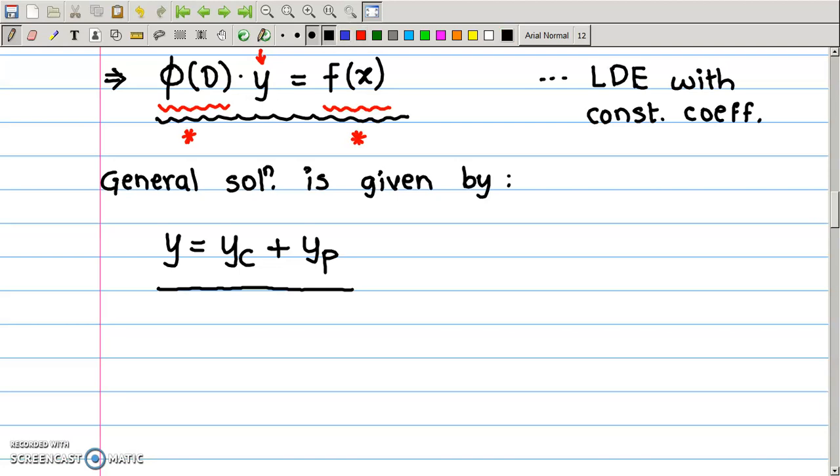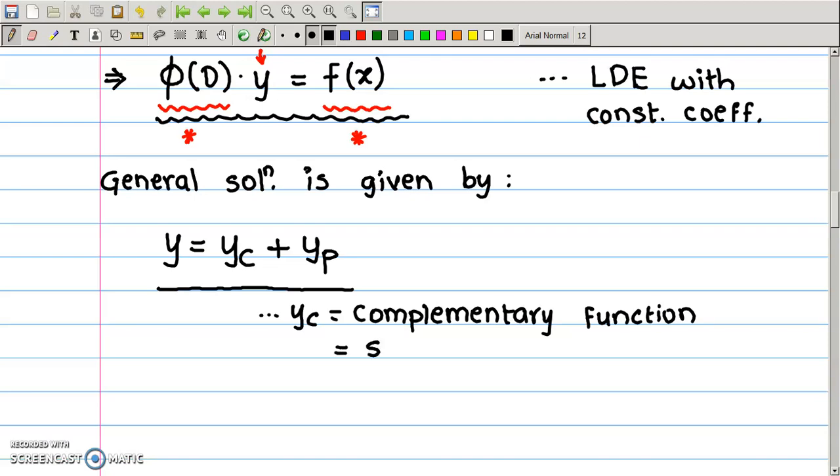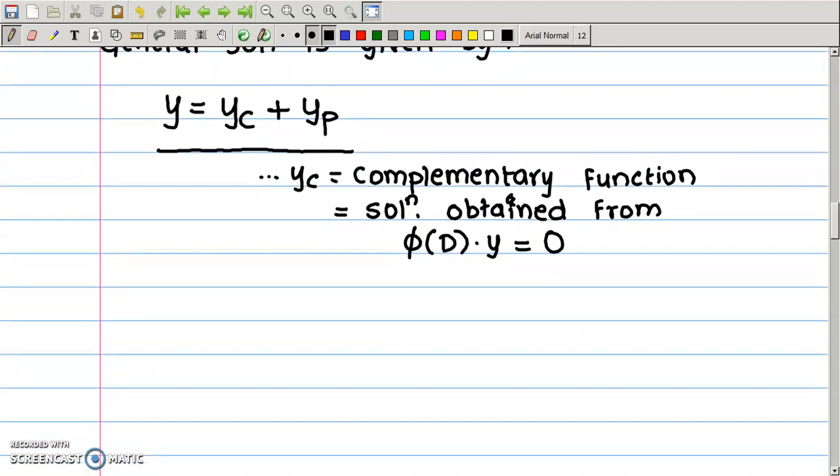So we can call this, where yc is known as the complementary function. We can refer to it as CF, and this is the solution obtained from the homogeneous part of this differential equation, that is phi of D when operated on y, and it is equated to 0 when there is no f of x involved in the solution.